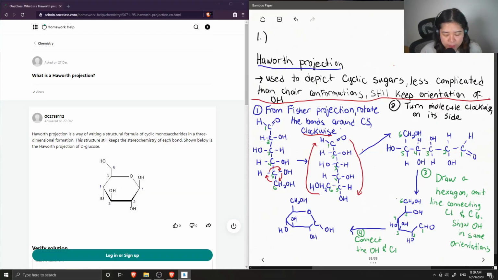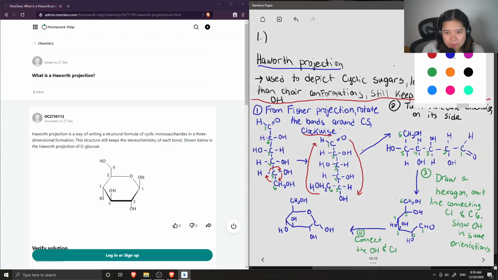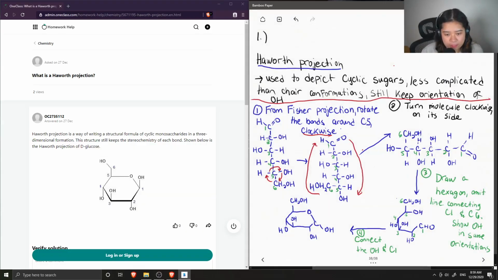I'm going to show the alcohol group on carbon 1 pointing down, but note that for this example, it can point either up or down, just because it wasn't specified when it was a carbonyl.